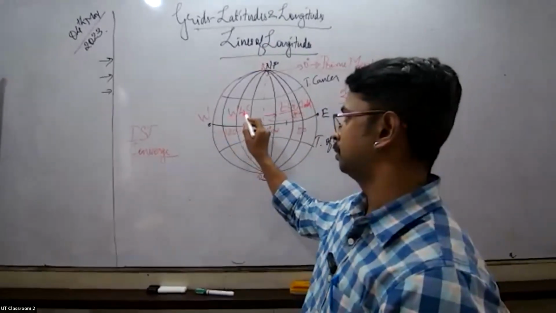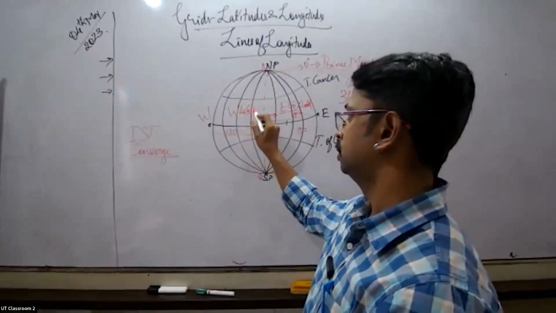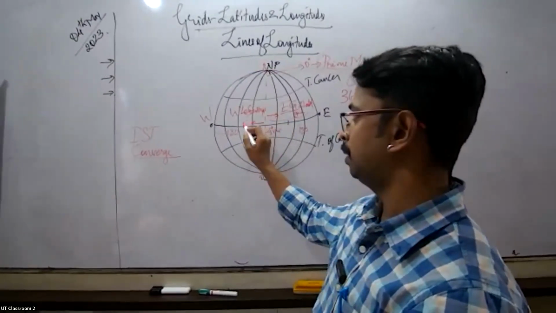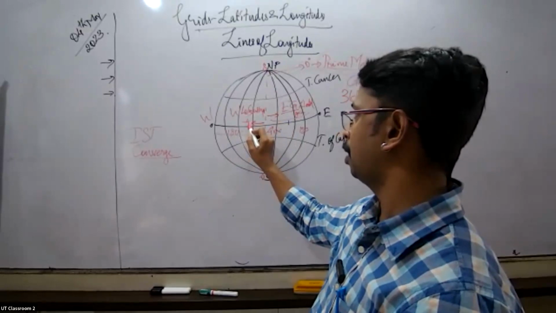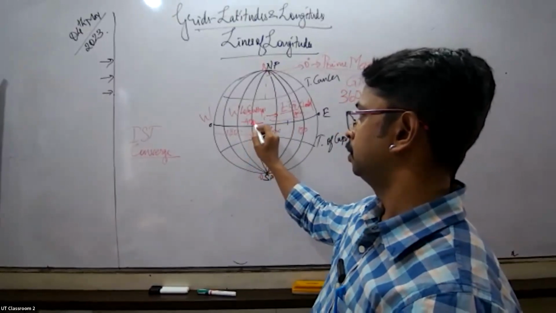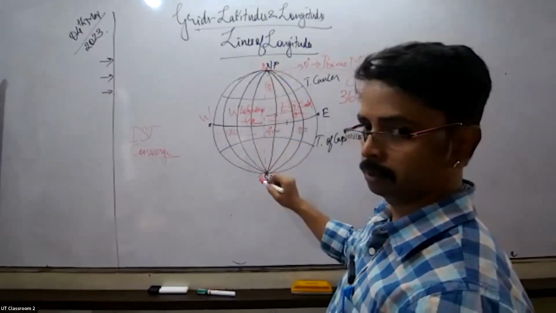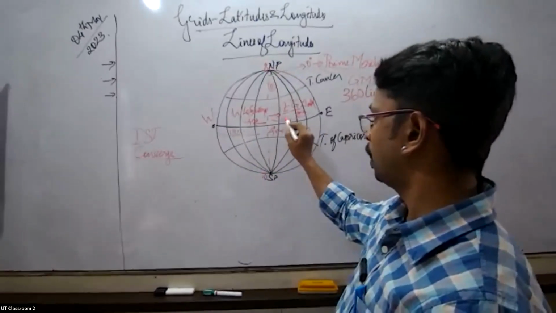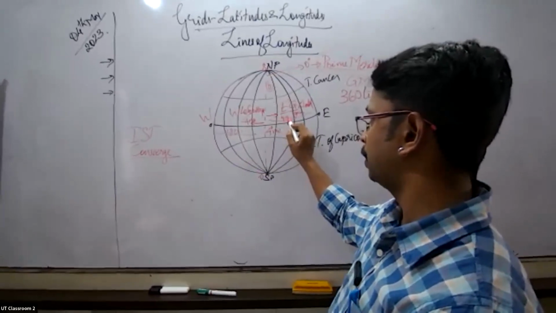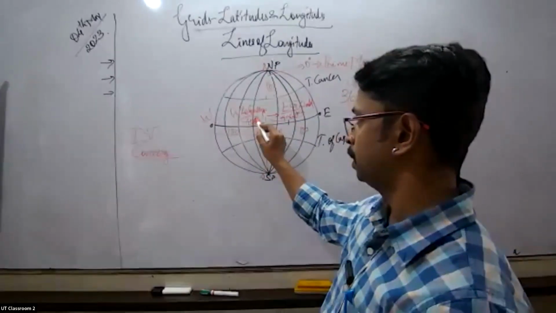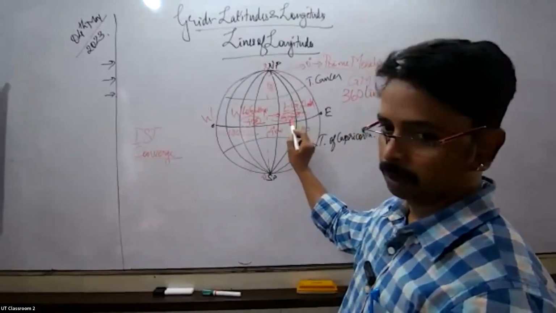WLS: West, Loss, subtract. So on this side, whatever it comes, you have to subtract those minutes from the noon, which will be 12 o'clock GMT. Here, every time you move 1 degree, you add 4 minutes; on the west side, minus 4 minutes.